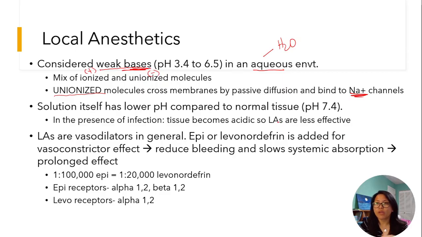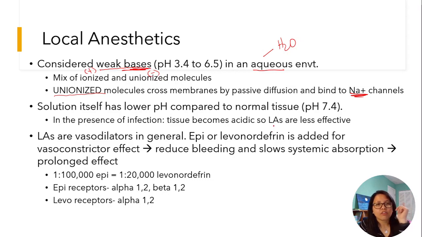That's why, when we encounter a patient with a big infection, we would usually tell them that the anesthetics might not work. Because once the tissue pH becomes acidic, the anesthetic will not work as effectively. In the next slide, I'll be explaining it in a more graphic manner.